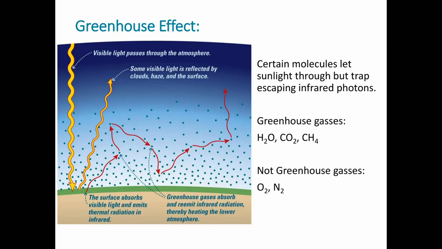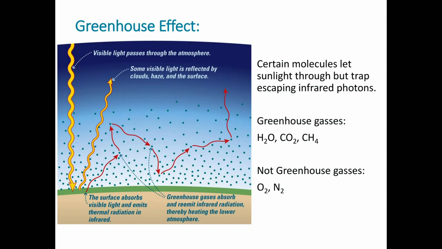But some of that energy is going to be absorbed, and there's also heat energy coming from the center of the planet that's being conducted through the crust and is leaving the surface. And the energy that's being radiated from the surface is not a visible wavelength light, it is an infrared wavelength light.